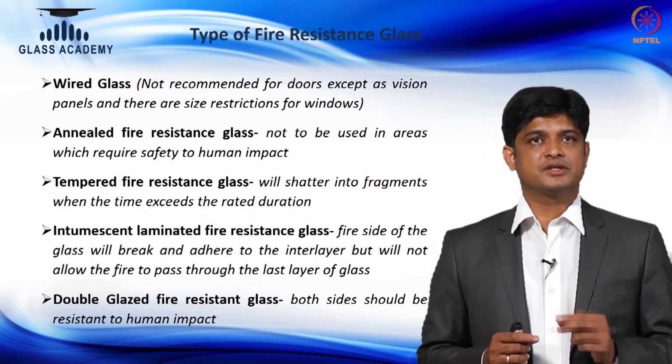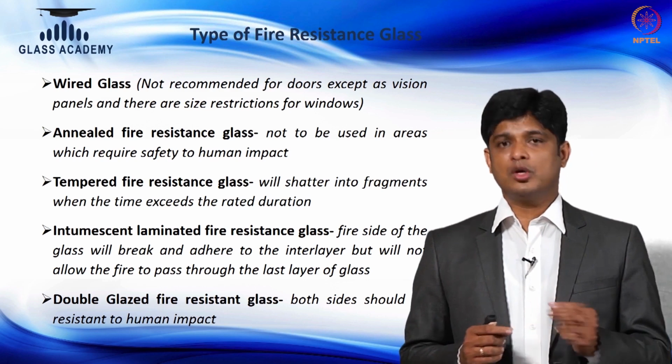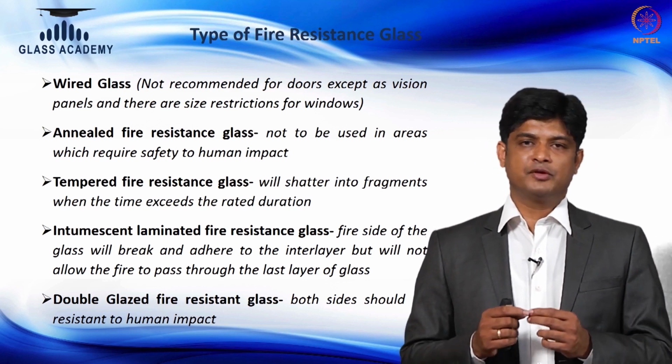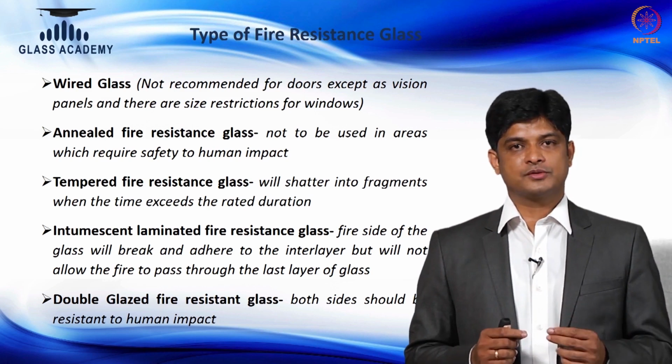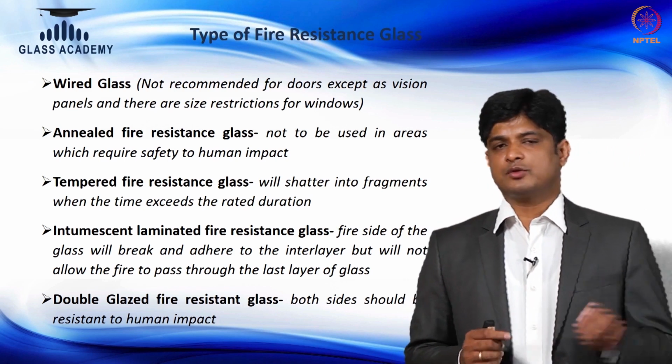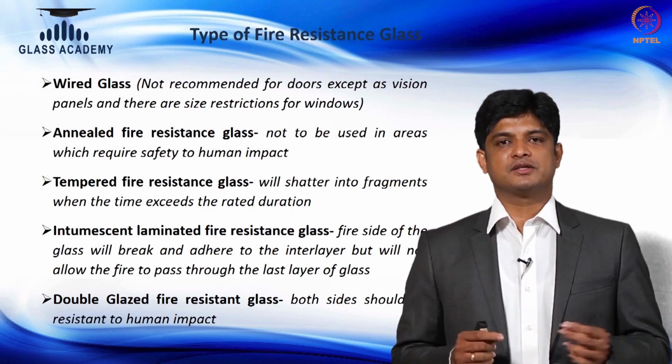There are some basics like wired glass, which is not recommended in a bigger format. It can be used as a very simple view panel as part of doors, because it doesn't have impact resistance, and it's quite a banned product in many parts of the world.